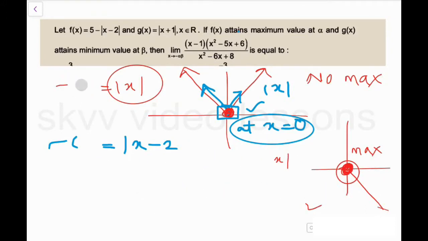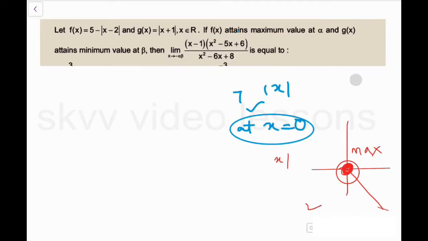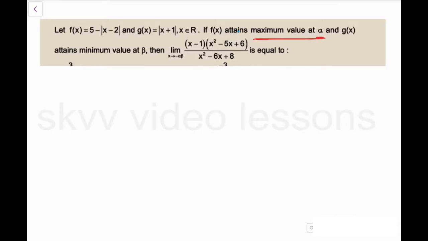Now we will see how to solve this limit problem. To solve it, first we need to find out what is alpha and what is beta. So what is alpha here? How did he define alpha? Alpha is the maximum value at which f of x is equal to 5 minus modulus of x minus 2 takes.